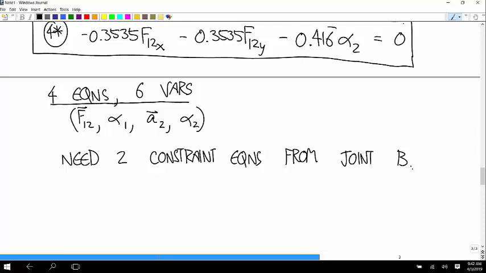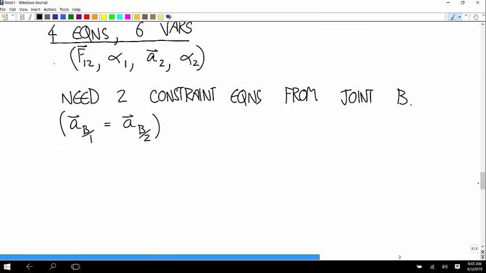And so this constraint equation is going to say basically the acceleration of B according to member 1 has to be equal to the acceleration of B according to member 2. Okay, so first member 1.